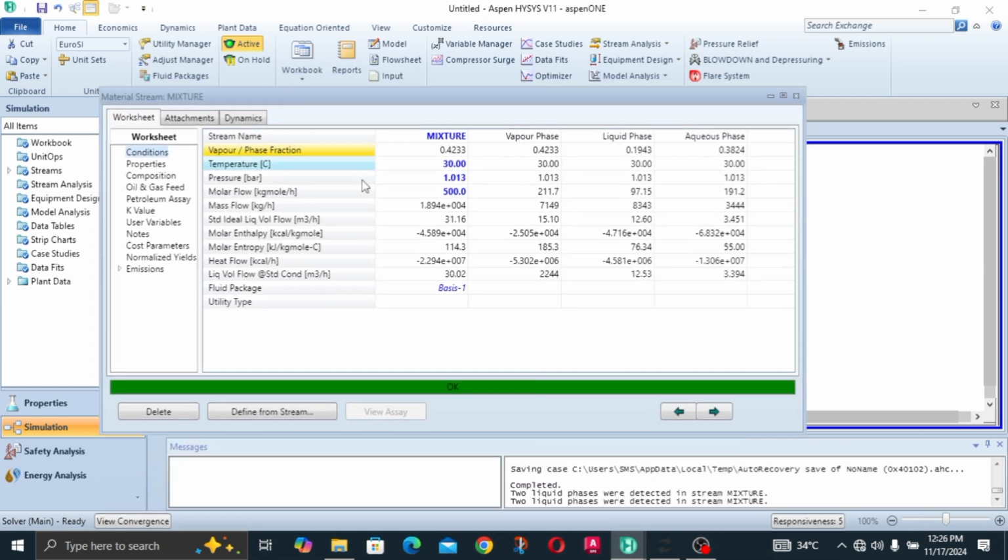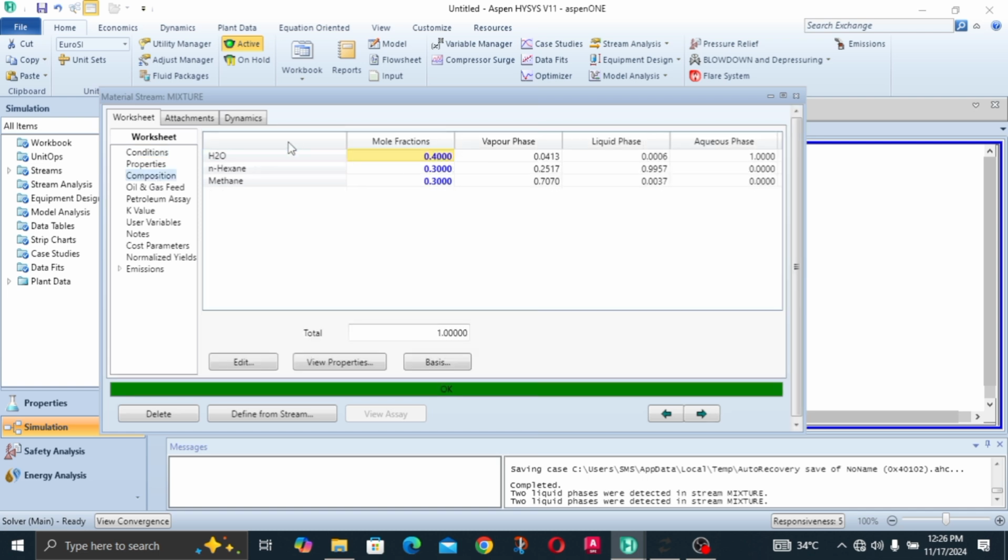Remember, three phases, so it's going to separate water, heavy liquids, light liquids, and gas. For our composition, our components are going to be H2O, hexane, and this time around we added methane to be the third outlet. That's the gas, 30% methane, 30% hexane, and 40% H2O.